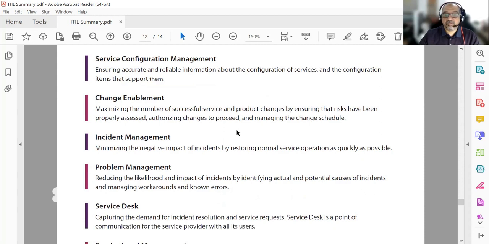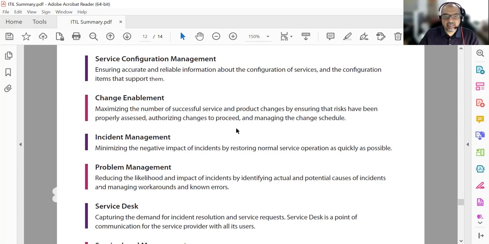Change enablement is different than change management. Change enablement will focus on service and product changes. So we have three types of change: emergency change, standard change, and normal change. Standard, pre-approved, pre-authorized, pre-budgeted.